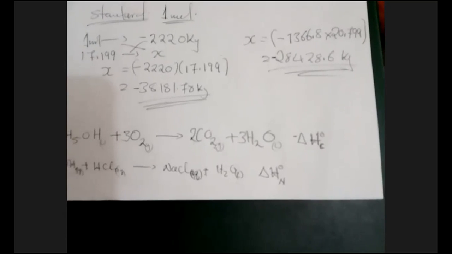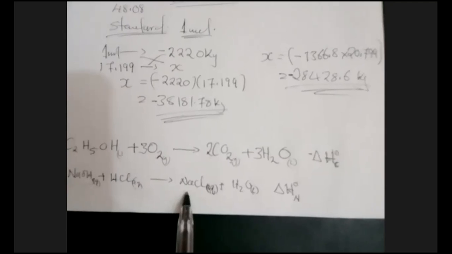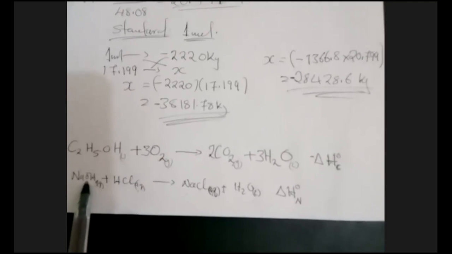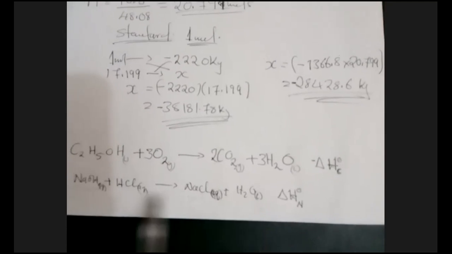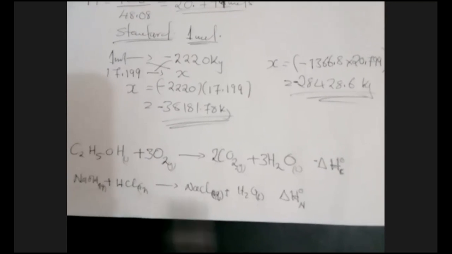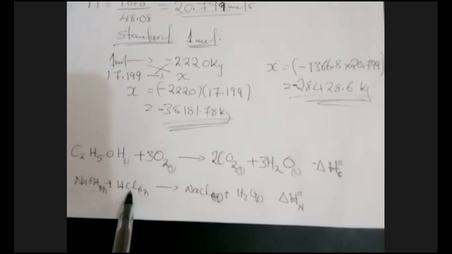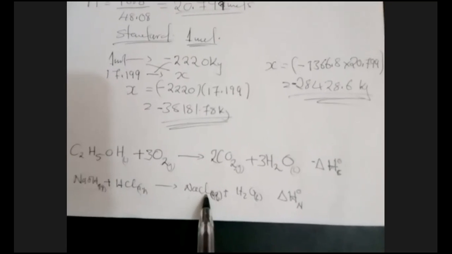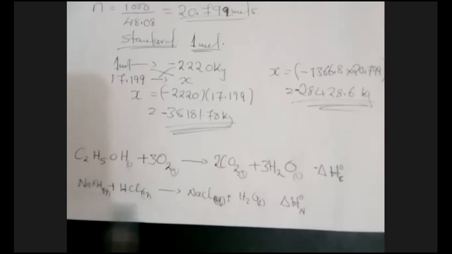So check if the atoms are balanced. 1 sodium on my left, 1 on my right. 1 oxygen atom on my left, 1 oxygen atom on my right. 2 hydrogen atoms on my left, 2 hydrogen atoms on my right. 1 chlorine atom on my left, 1 chlorine atom on my right, meaning this equation is also what?